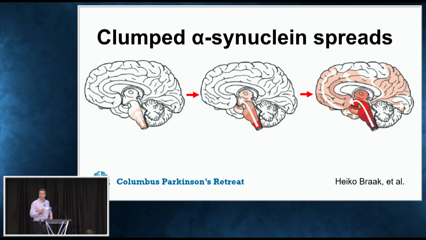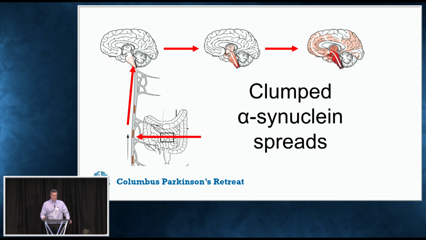And that has been a kind of a major impetus for a lot of work that's been done over the last decade. There's also a lot of evidence in more recent years that this clumped alpha-synuclein can be found in the gut and may traffic through a nerve up to the brainstem.